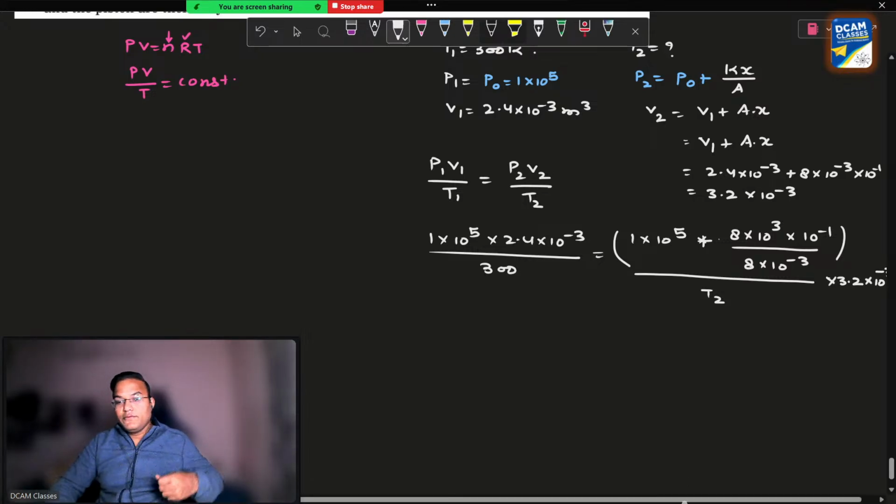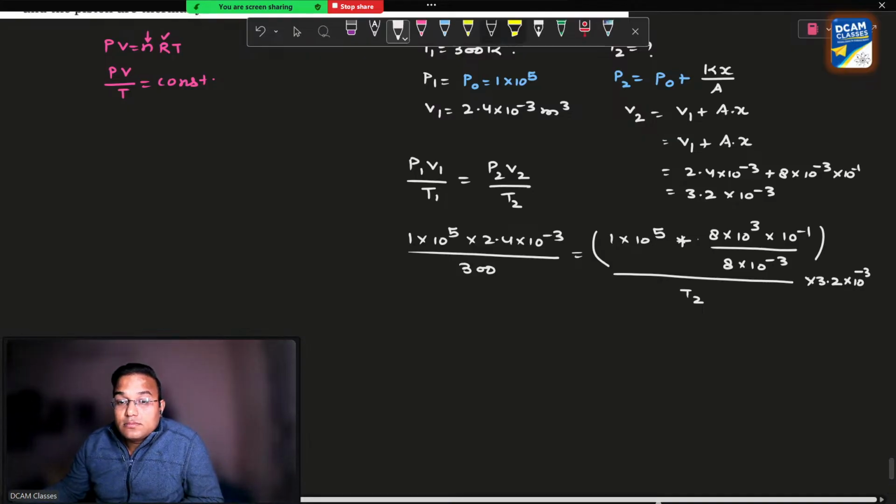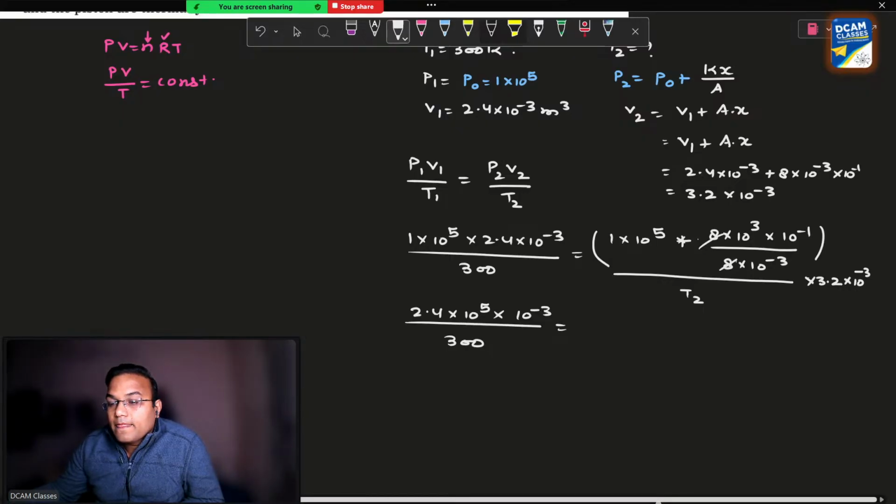Actually, I'm getting a feel that this kind of question has been asked in Advanced. 2.4 into 10 power 5 into 10 power minus 3 by 300 equals 2 into 3.2 into 10 power 5 into 10 power minus 3 divided by T2.